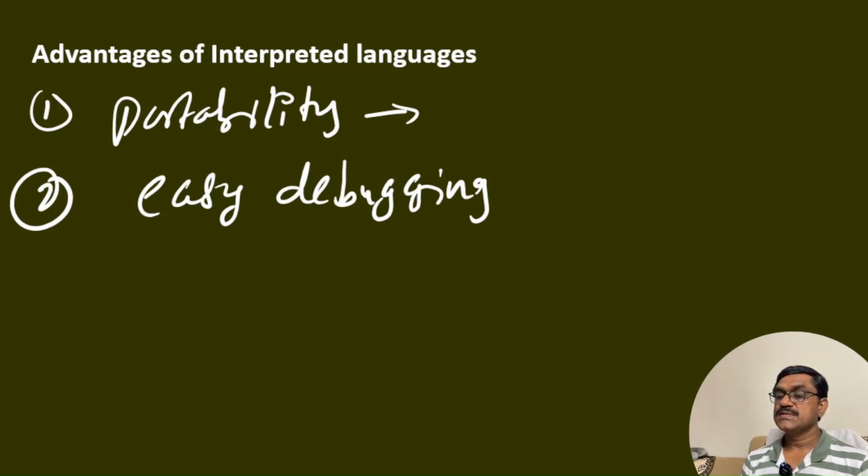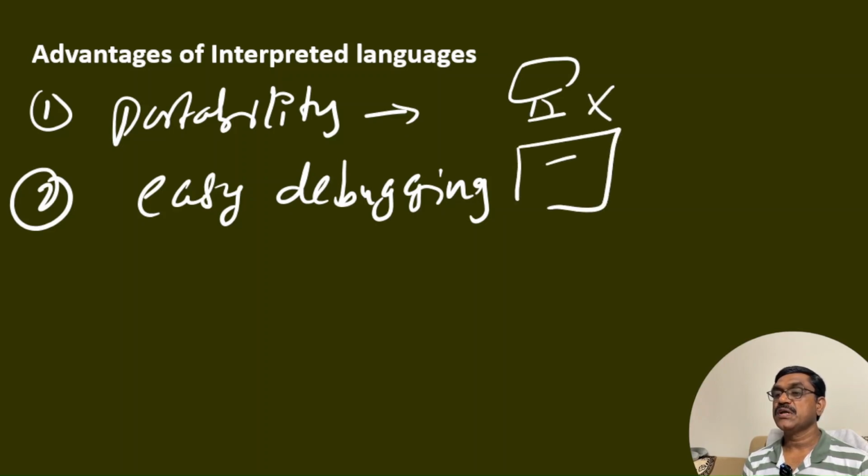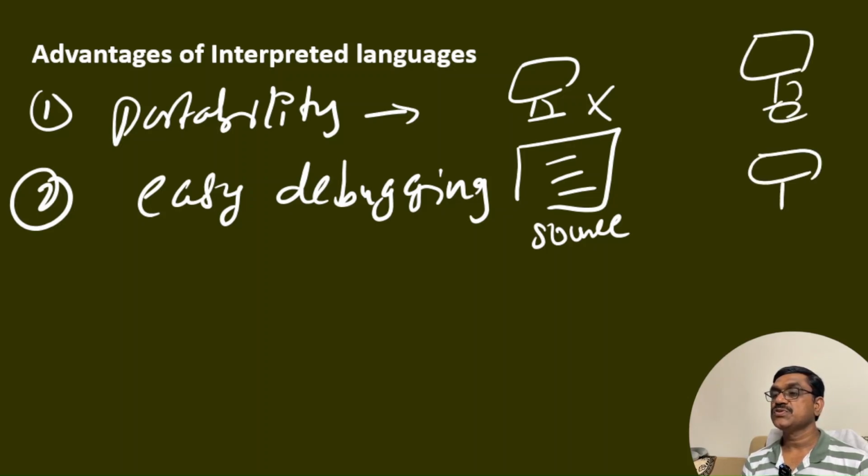In the earlier classes, I said that assume this is the machine called X. On this machine, we are writing the code. This is the source code. When you use the concept of interpreted languages, what happens? When other systems want to execute this same source code written at X, the source code is not converted into executable code.